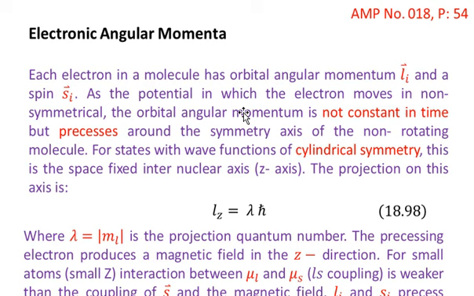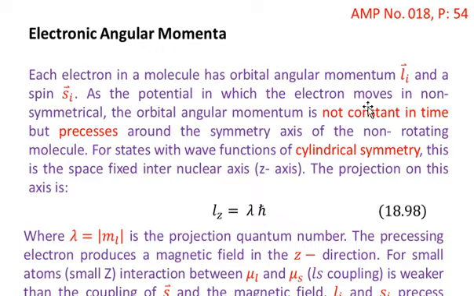As the potential in which the electron moves is non-symmetrical, of course, you know that we have discussed that our molecules have a potential which is non-symmetrical. From the very beginning, I have been discussing that molecules face a non-symmetrical potential. That's why we use the cylindrical coordinate system to explain the parameters of the molecules.